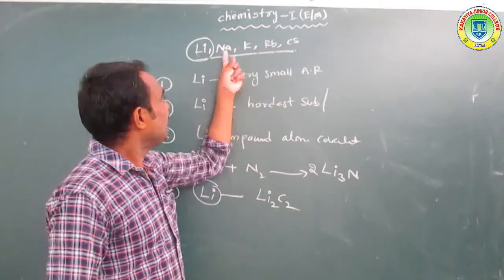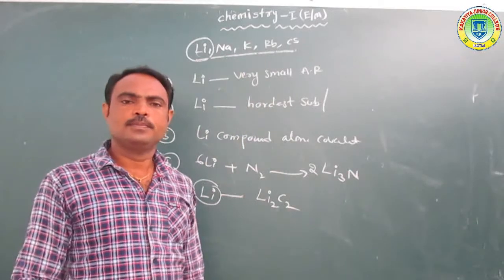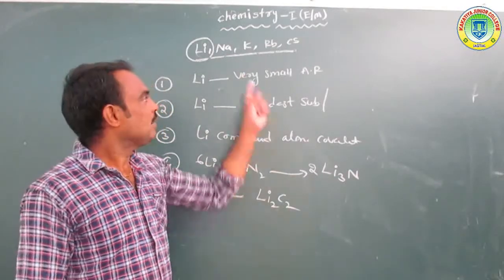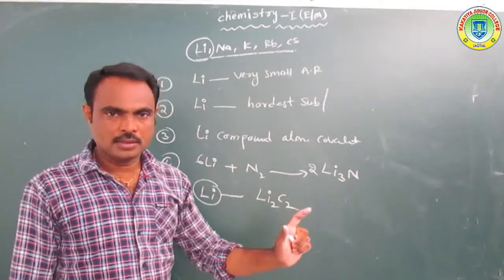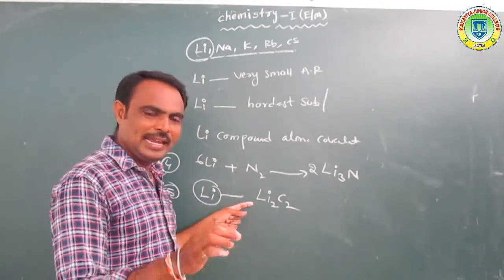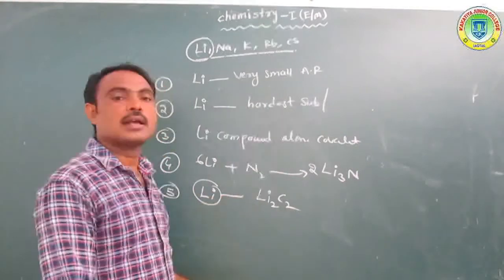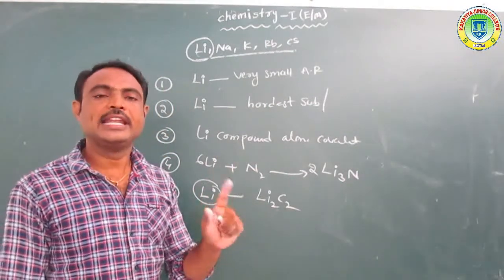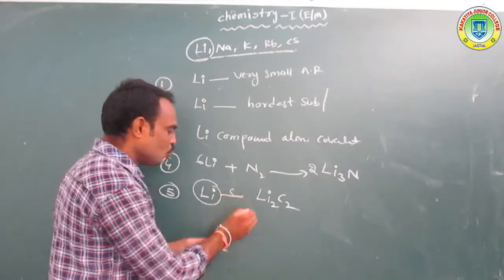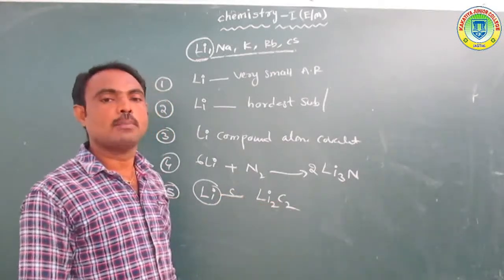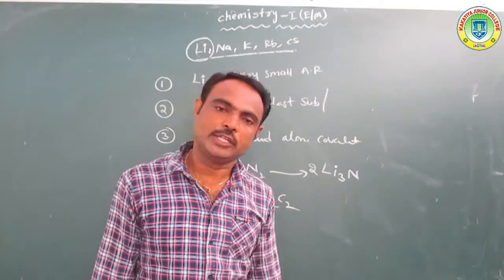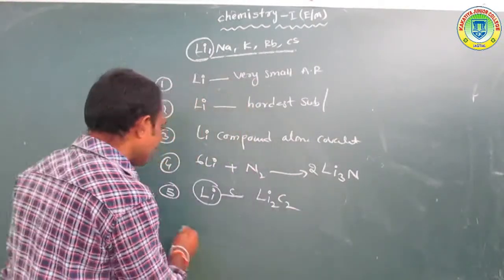The remaining elements, sodium, potassium, rubidium and cesium, do not react directly with carbon. Only lithium directly reacts with carbon to form lithium carbide, Li2C2.